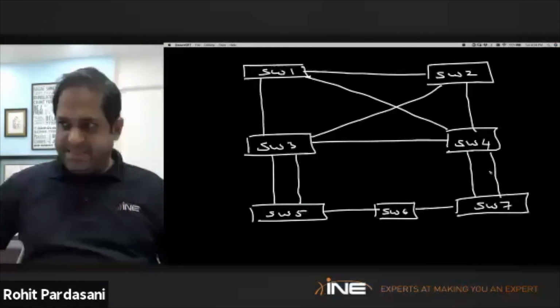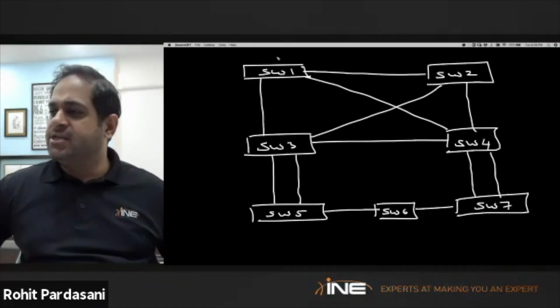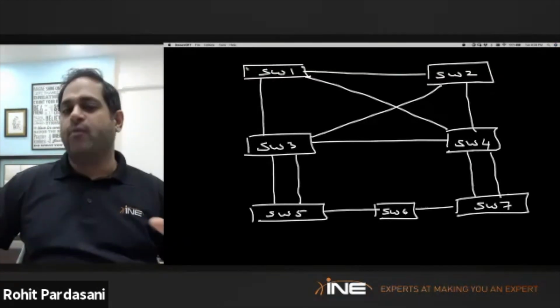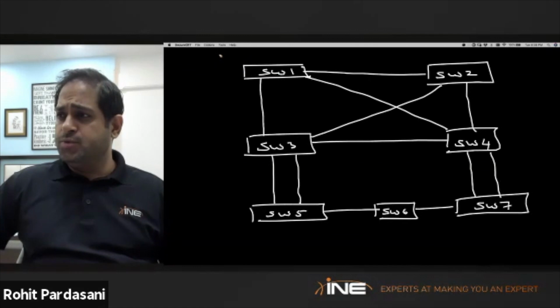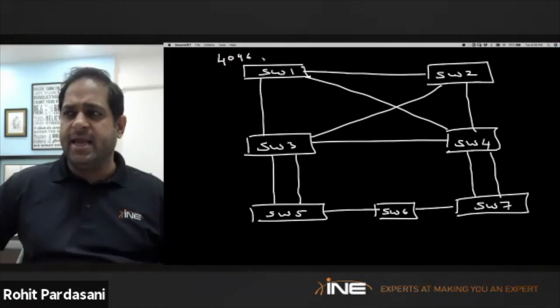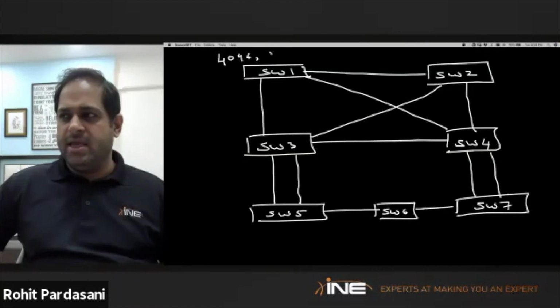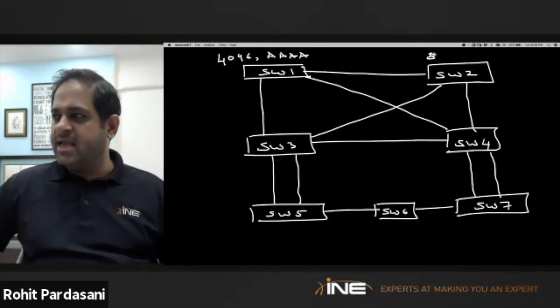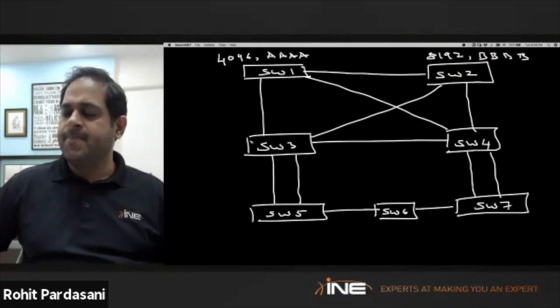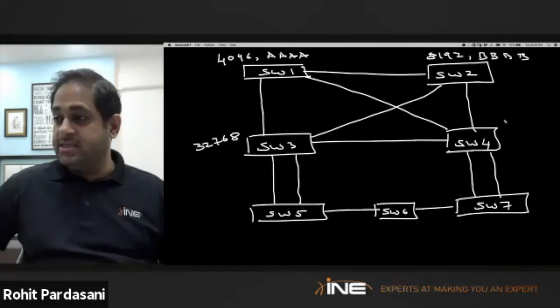Okay? Let's also change some system priority. Let's assume that we have changed the default system priority of switch 1 to 4096. Let's say switch 2 is 8192, and the MAC address is B. Switch 3 is default 32768. Switch 4 is default 32768.